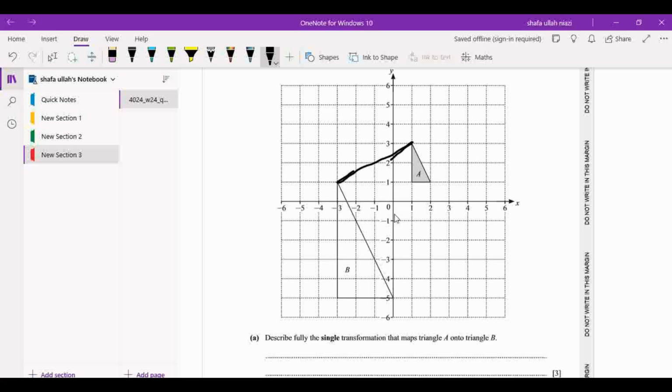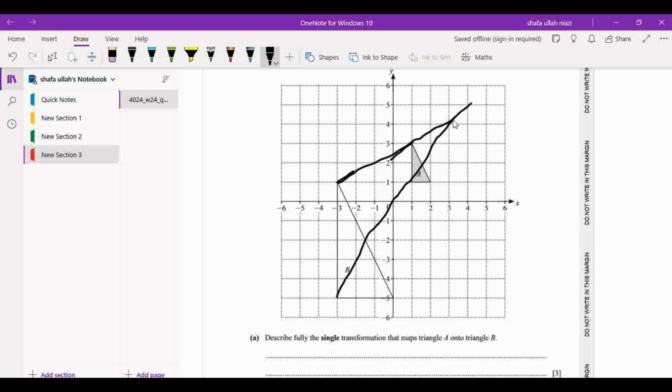A straight line, then join this point, this, and I produce these two points.